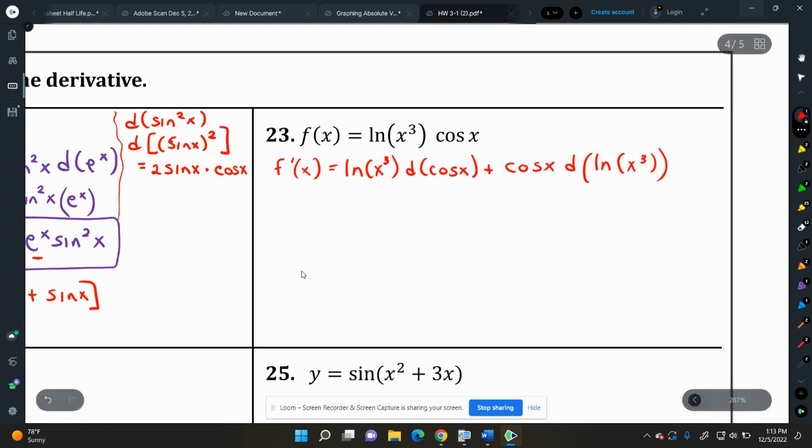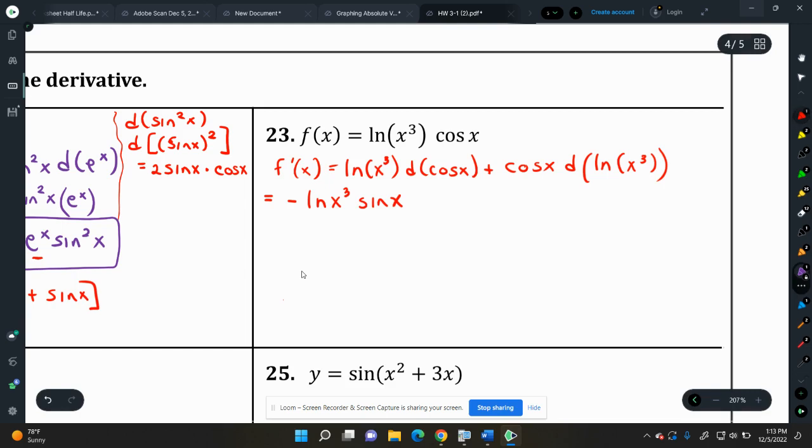All right, first part's easy. What's the derivative of cosine? Negative sine. So we have negative natural log of x to the third times sine x. That part we're good with.